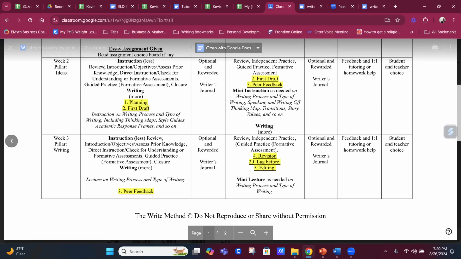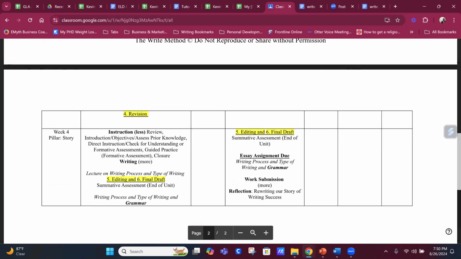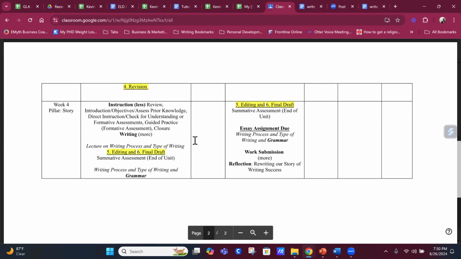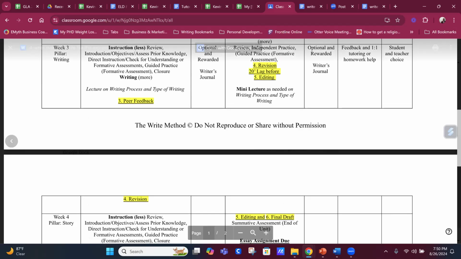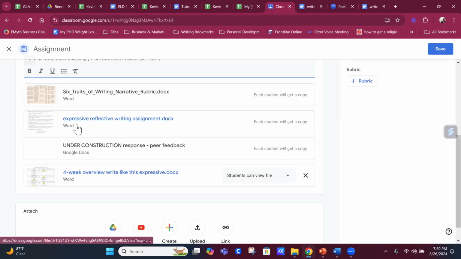Week 3, peer feedback, revision, and editing. And finally, in week 4, we have editing and final draft in session 1, followed by session 2 on a Wednesday, usually, editing and final draft. Okay. That way, students have an overview, a roadmap.